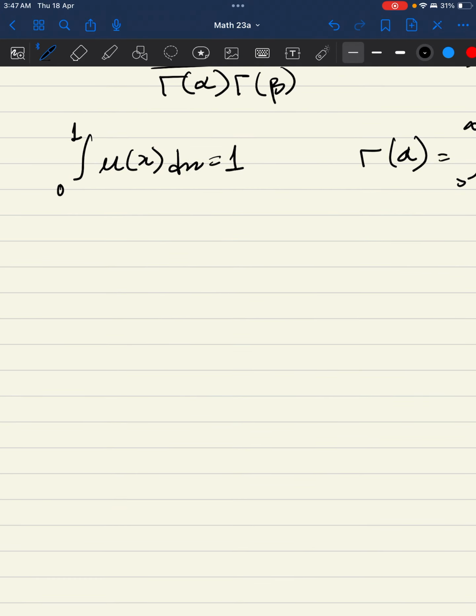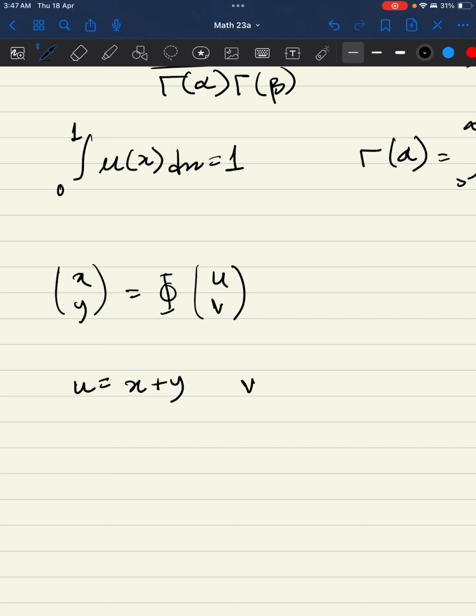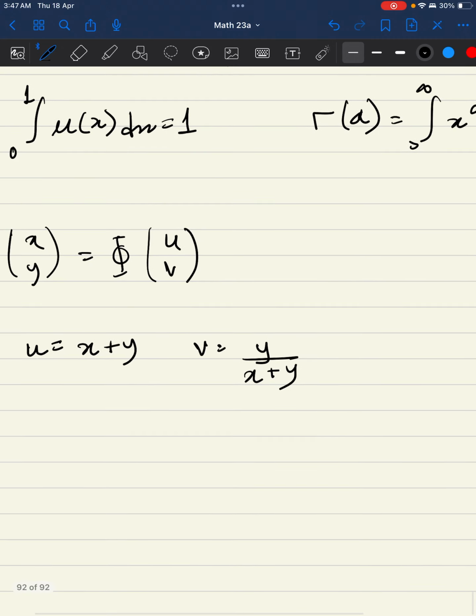Alright, so first we're going to do the taxicab change of variables. We start with some change to x and y, which is equal to a function of u and v. In this case, u is expressed as x plus y, and v is y over x plus y. We can multiply these two together to get uv is equal to y.